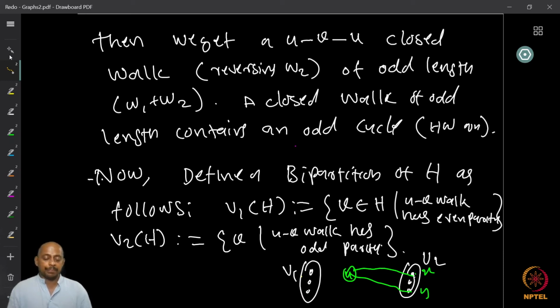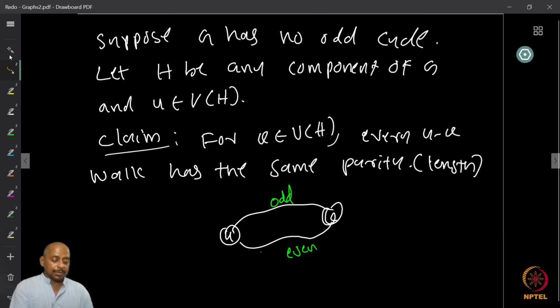So now we know that every walk must have the same parity. Once you fix U and every V, all UV walks must have the same parity. Since all of them have the same parity, if a UV walk is of even length, I collect such V. If a UV walk is of odd length, I also collect such V.